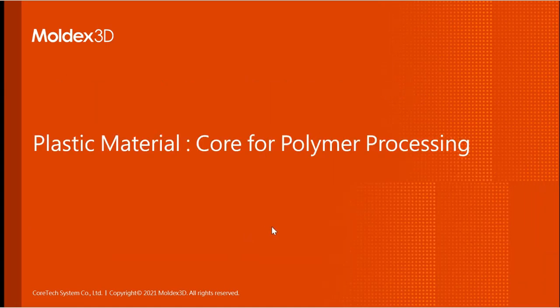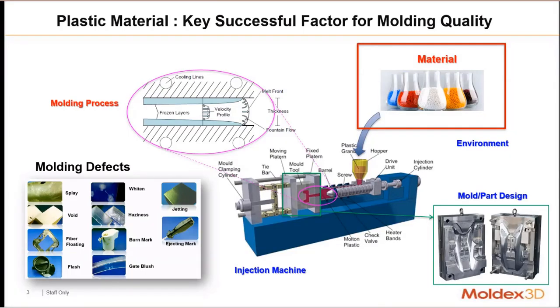Why is plastic material important? I think plastic material is the core of polymer processing. Why? Because if we check a typical injection molding process, you will see many important factors that can influence the molding quality or the productivity.